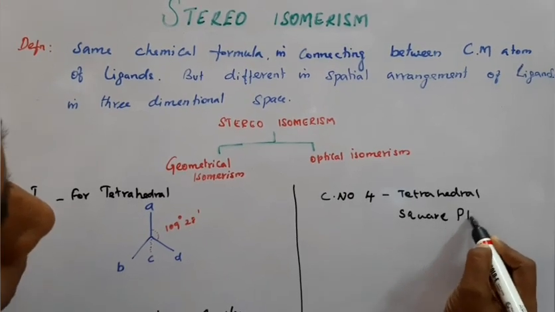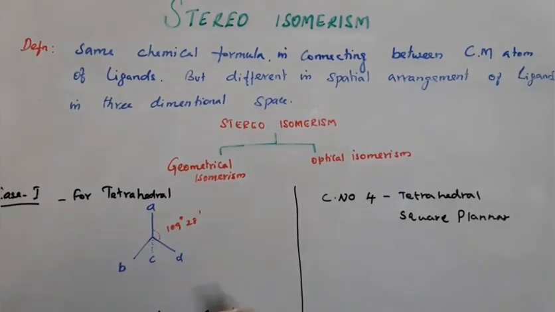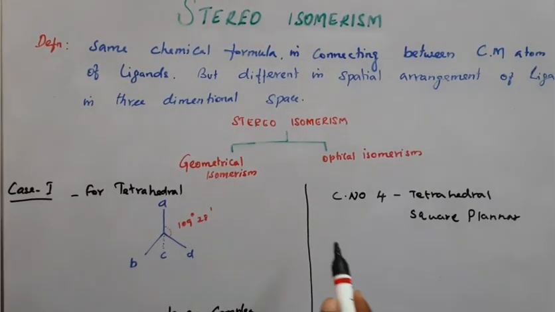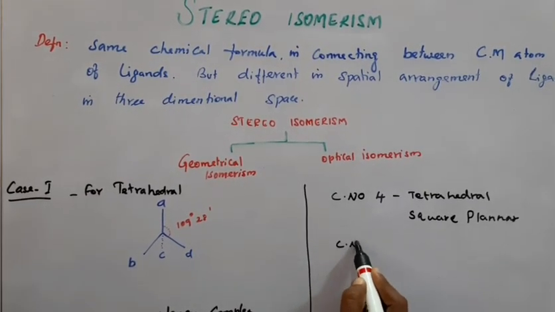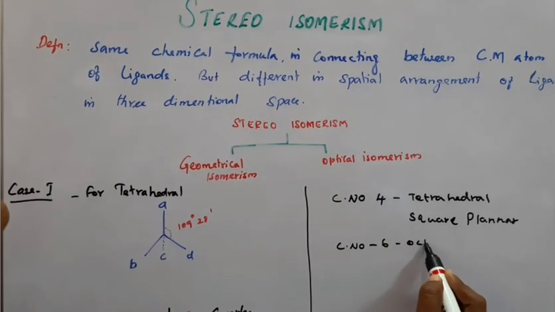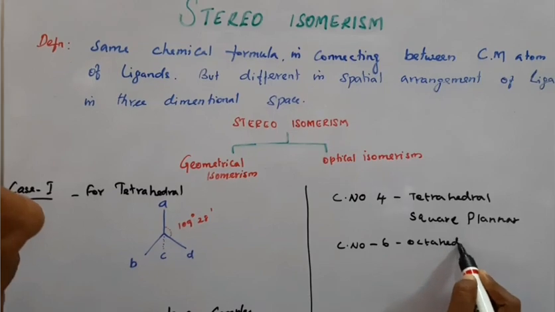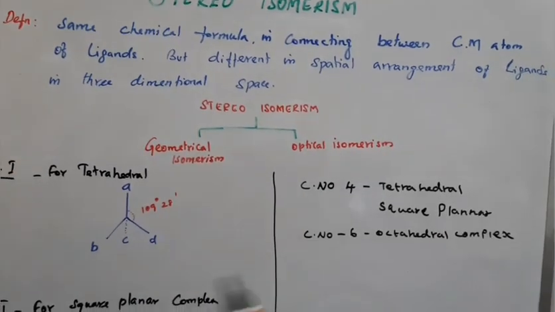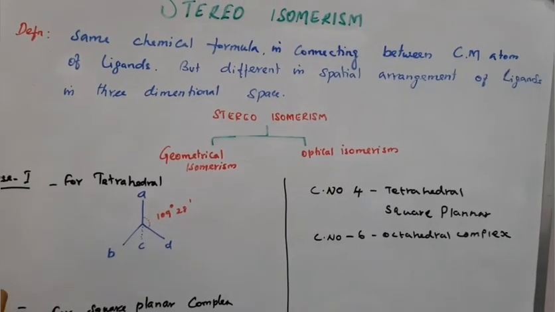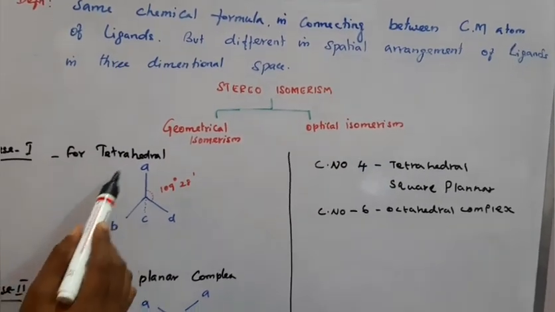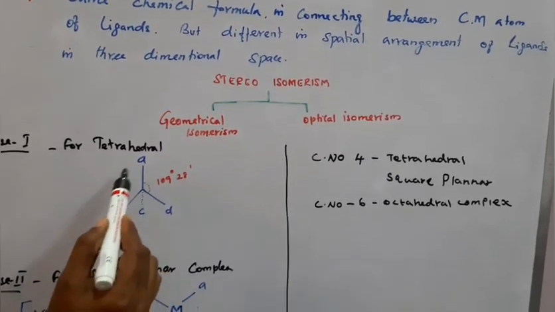Suppose coordination number 6, that means it is an octahedral complex. So case 1 is the tetrahedral complex.